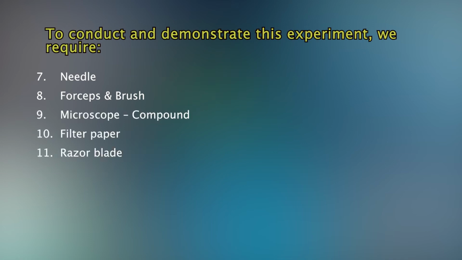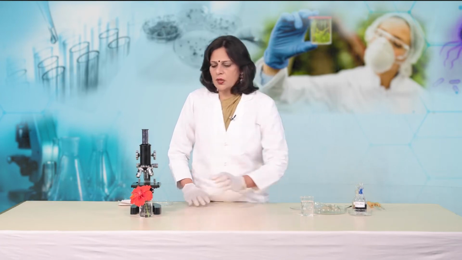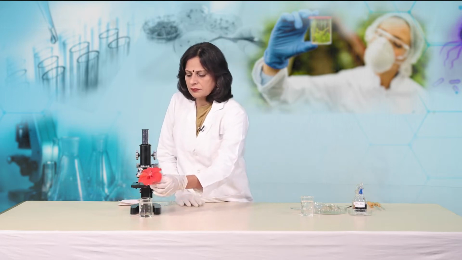and a razor blade. To observe pollen tube growth, we will first pick up a flower with the help of forceps and remove the sepals, petals and also the stamens.